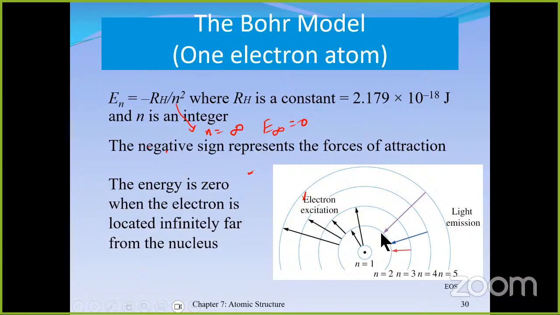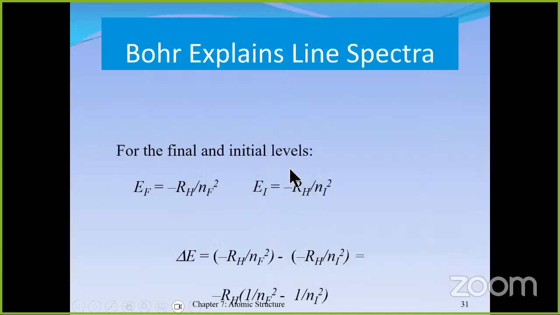So that is basically how the Bohr model explains the line spectrum in the hydrogen atom. And in fact, the Bohr model works very well to explain that and other things concerning the structure or the arrangement of the electrons in the hydrogen atom. We're going to look at this equation in a bit more detail, right?